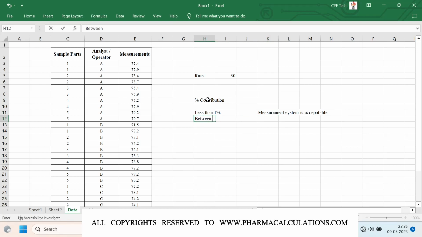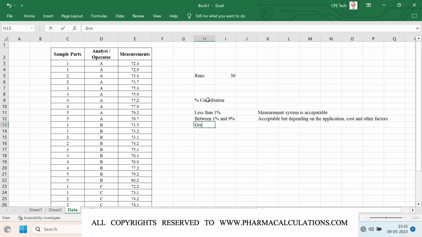And if it is between 1% and 9%, the measurement system is acceptable, but depending on the application, the cost of analysis and other factors.